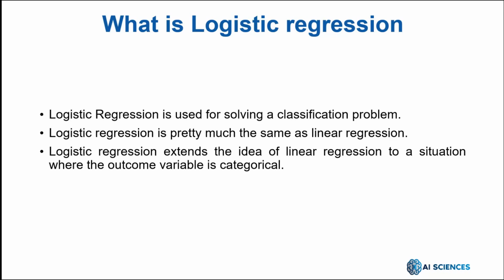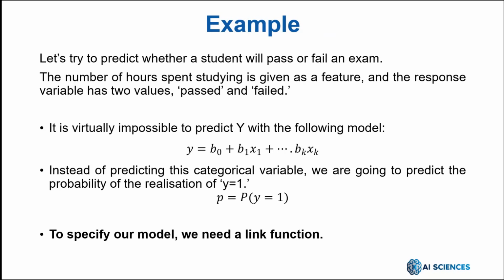For example, let's try to predict whether a student will pass or fail an exam. The number of hours spent studying is given as a feature, and the response variable has two values, passed and failed. In the equation below, you can see that we need to predict the y variable, which can take two values, 0 or 1: 0 for failed and 1 for passed.